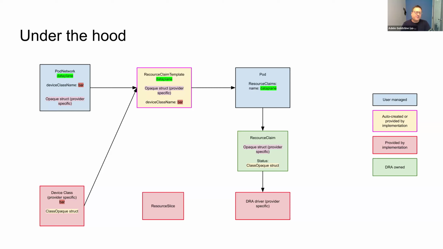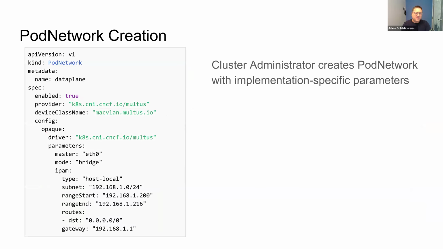A couple of things. Going back to your original CRD, if you go back a couple of slides, the pod network CRD. One of the things I'm wondering about: is it always true that the provider for the pod network will be the same across all nodes?